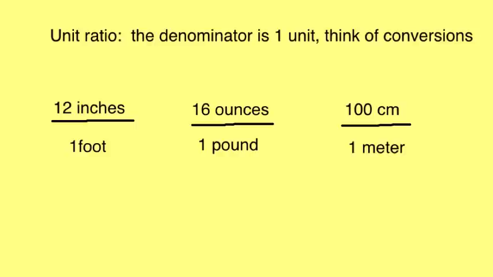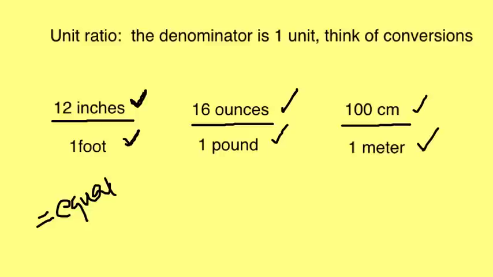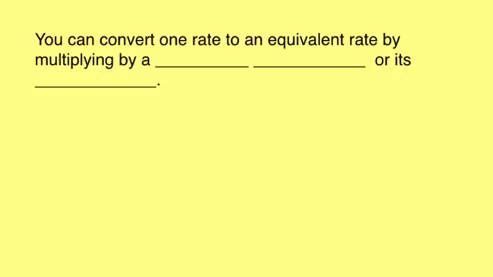If you notice in the examples that I've given you, 12 inches is 1 foot. Well, these two units of measure are equal. The 12 inches actually equals 1 foot. So they equal each other. 16 ounces is equal to 1 pound, and 100 centimeters is equal to 1 meter.